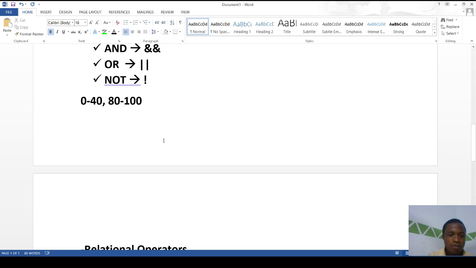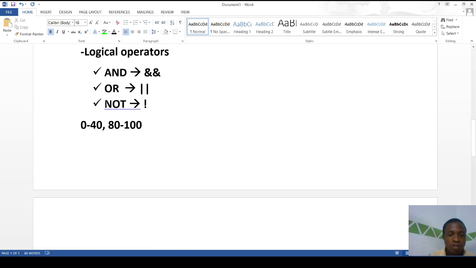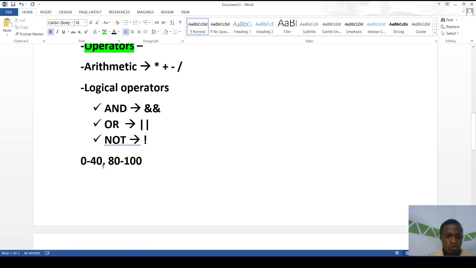We all know that when someone scores between 0 to 40 or anything less than 40, the person has failed, or sometimes we refer to it as a weak pass. And when the person gets between 80 to 100 and above, we say excellent. Please, the teachers on the platform, if I'm not right, you should just comment and let me know about this.